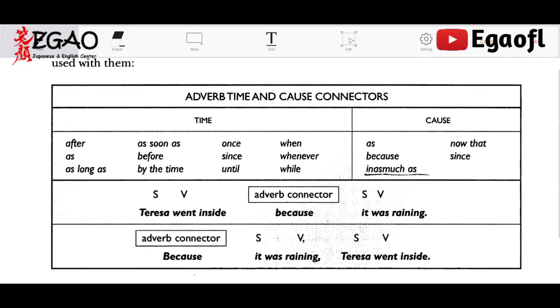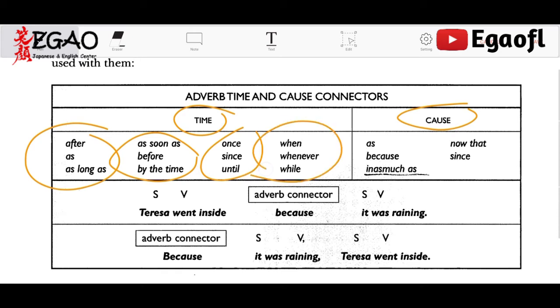And in skill 7, the grammar is about adverb times and cause connectors. So there will be 2 adverbs that we will discuss: the time and also the cause. For the time, you can use after, as long as, as soon as, before, by the time, once, since, until, when, whenever, and while.